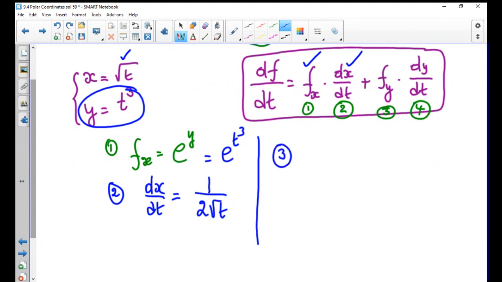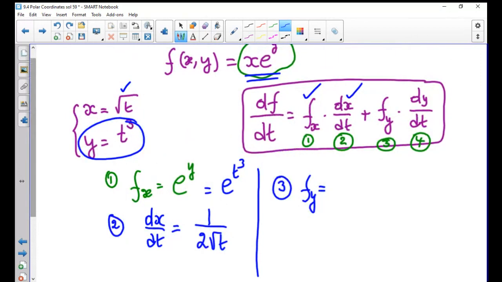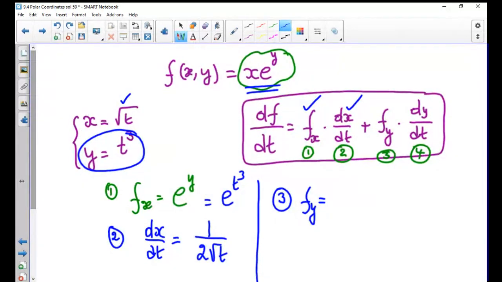Number 3, fy. What is the derivative of this function with respect to y? Exactly the same thing. x e to the power of y. Yes or no? Yes.